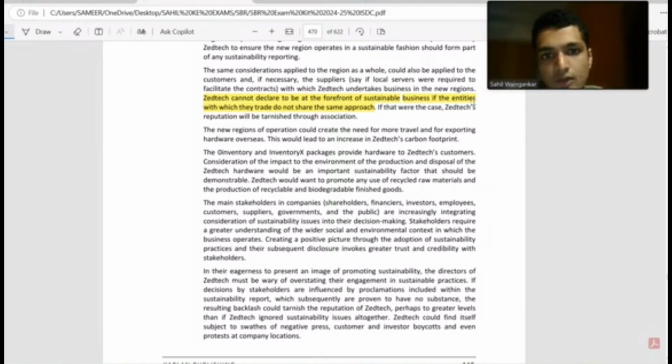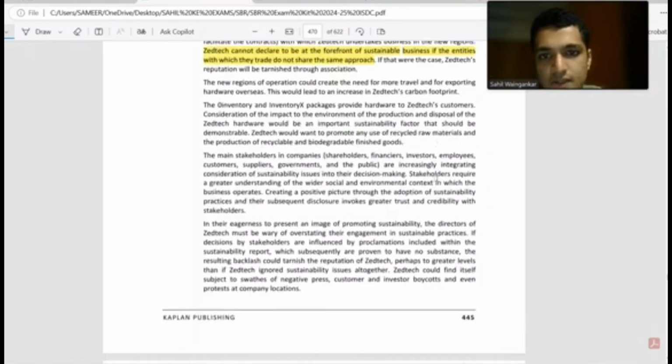Consideration of the impact to the environment of the production and disposal of Zedtech hardware would be an important sustainability factor that should be demonstrable. Zedtech would want to promote any use of recycled raw materials and production of recyclable and biodegradable finished goods.